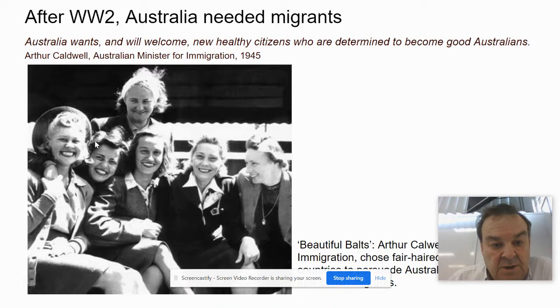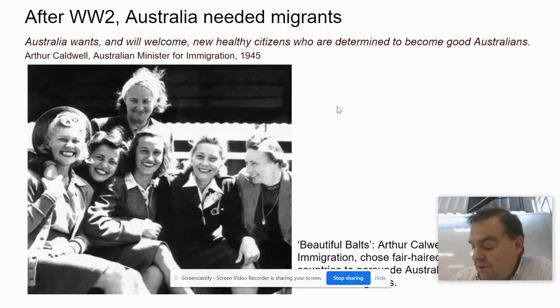Basically these women were from the Baltic countries in Eastern Europe, and they were basically the first non-British migrants to come, and the Australian government went all out to try and advertise how great it was to have these Balts. So even though they weren't necessarily from Britain, they looked British. So Arthur Caldwell was really trying to sell migration after World War II to Australia.